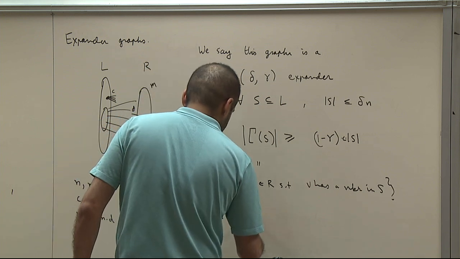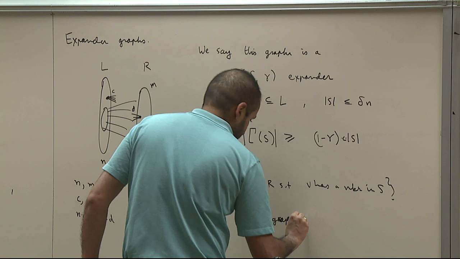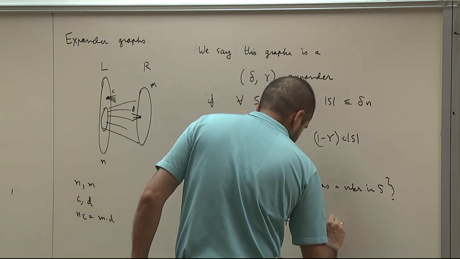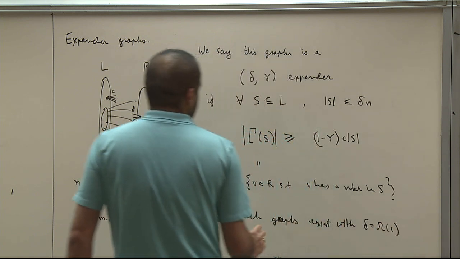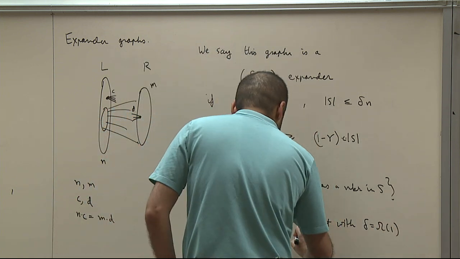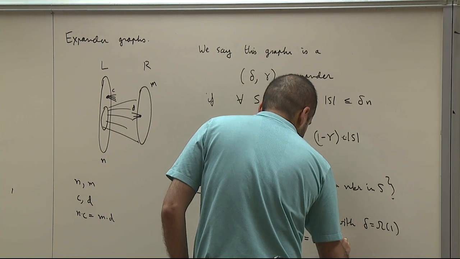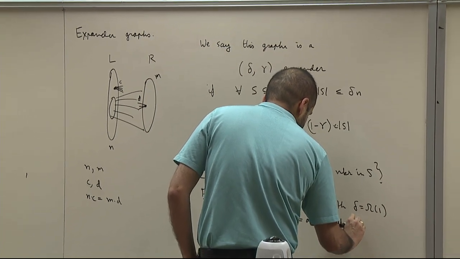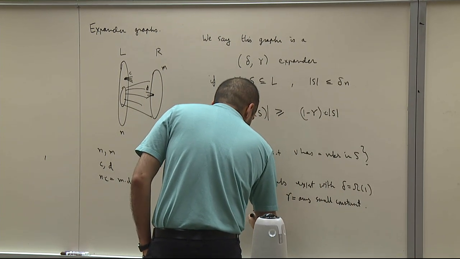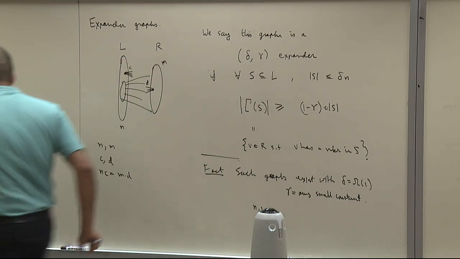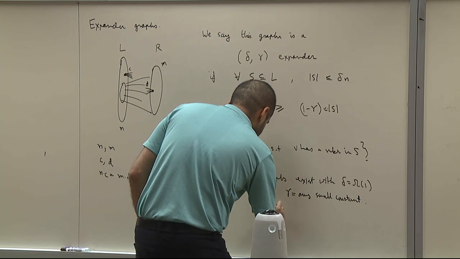that such graphs exist with delta being omega 1, gamma equals any small constant, and then n and C and D being constants.